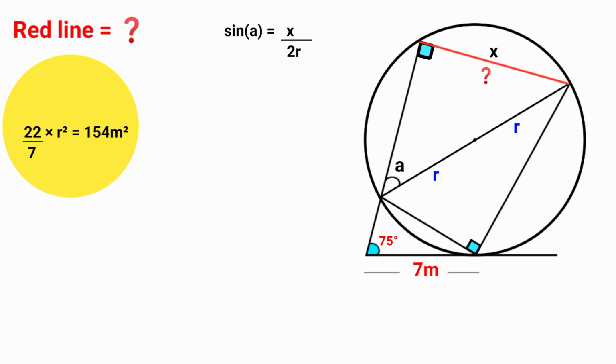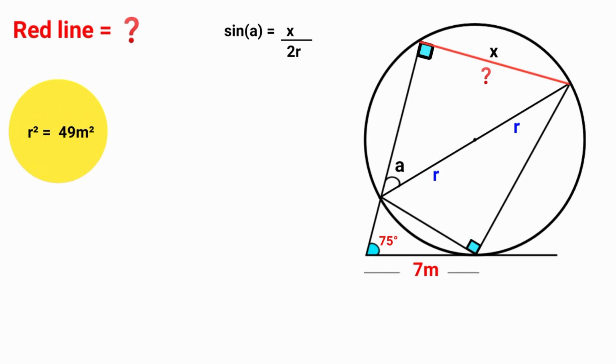Pi is 22 over 7. 154 is 22 times 7. This 22 cancels this 22. So 1 over 7 times r squared equal to 7 meters squared. Multiply both sides by 7. Here 7 cancels 7, while here 7 meters squared times 7 is 49 meters squared.